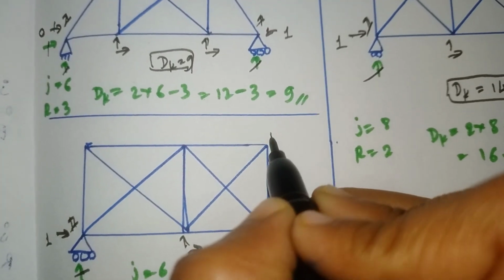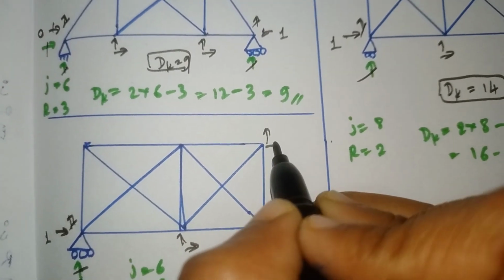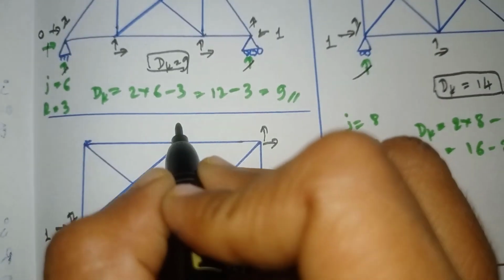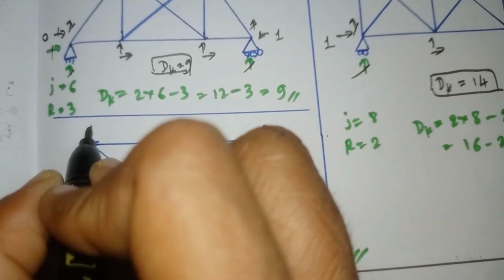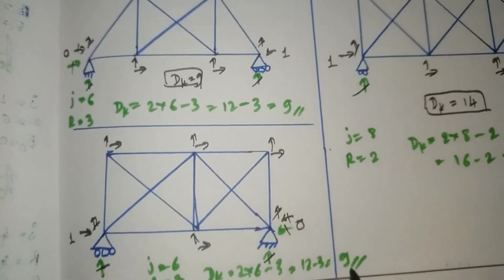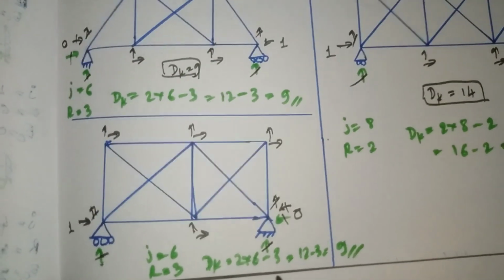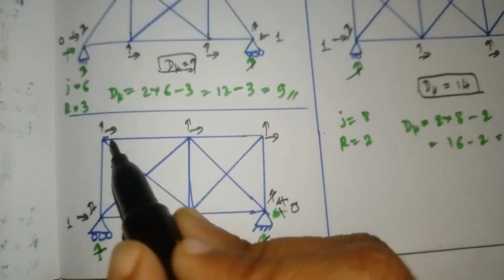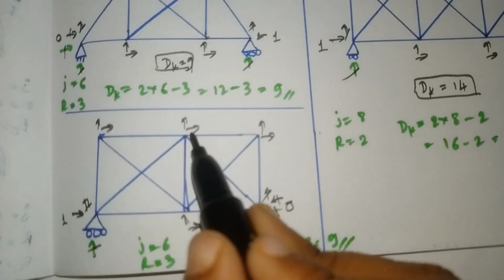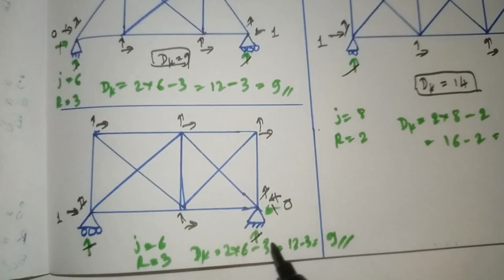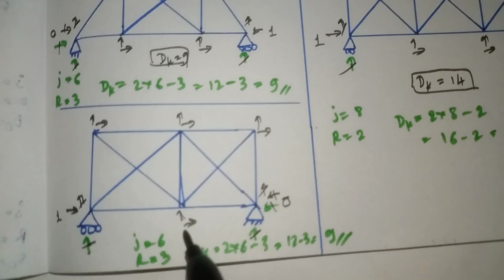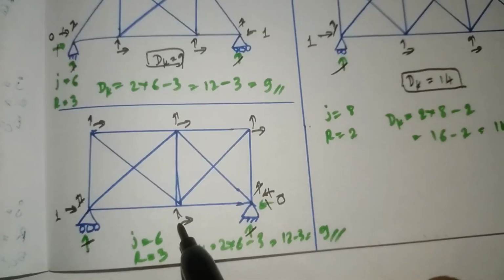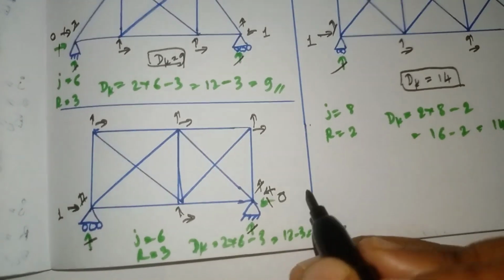So at a joint one is vertical, another is horizontal. Here vertical horizontal, vertical horizontal. So total how many numbers of DK: first 1, 1 plus 2 is 3, 3 plus 2 is 5, 5 plus 2 is 7, 7 plus 2 is 9.